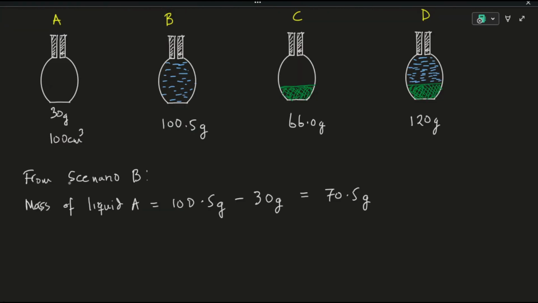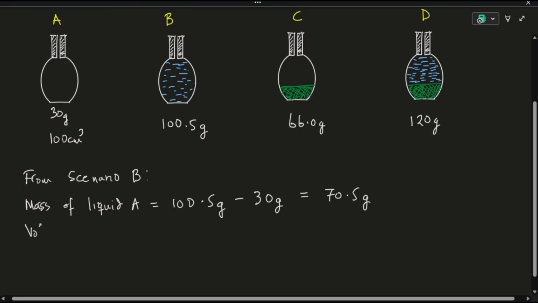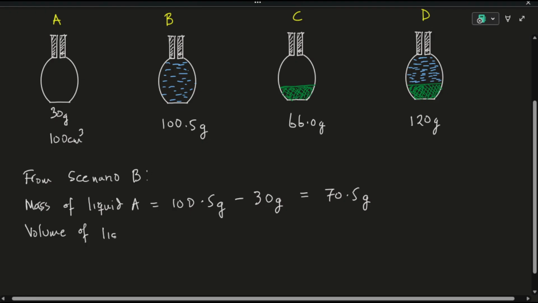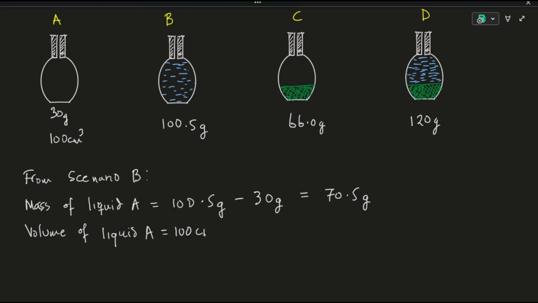Now, since the bottle is 100 centimeter cubed, it means that the volume of liquid A is 100 centimeter cubed.